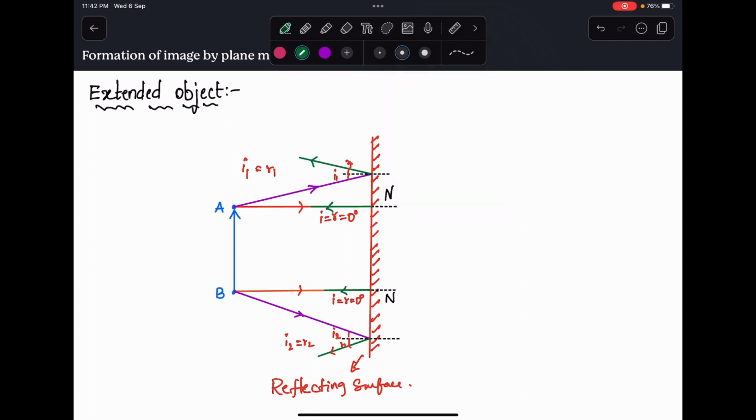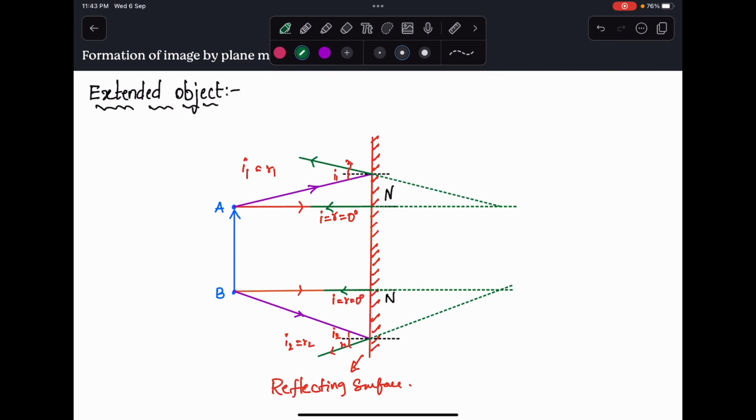When I extend them behind, this is one you will be having, this is one more, and from this another one I can get.